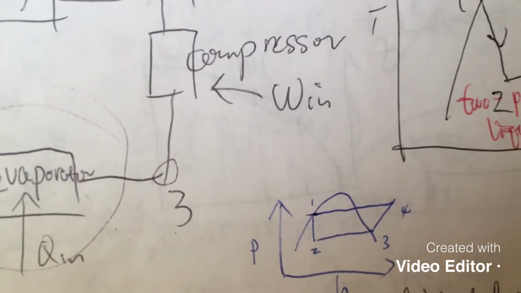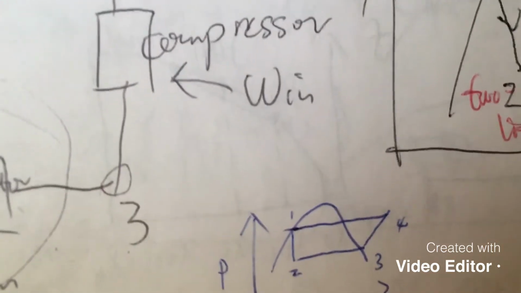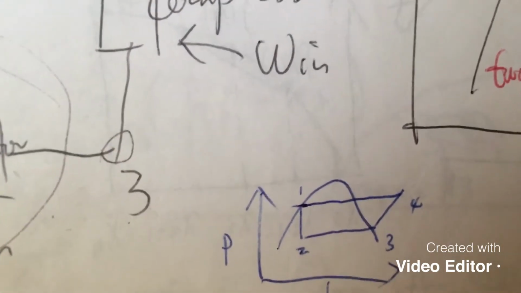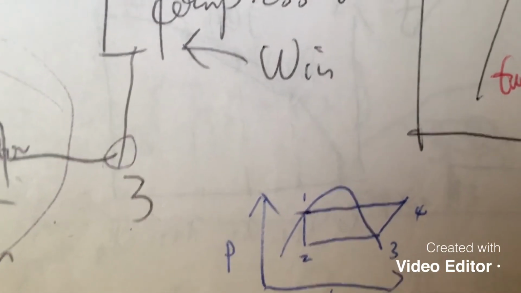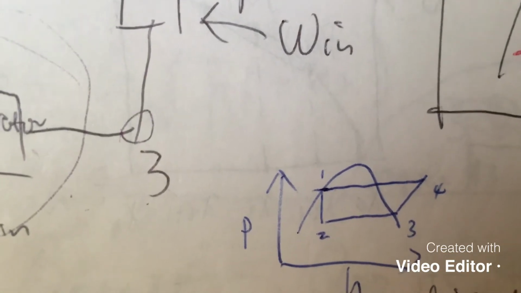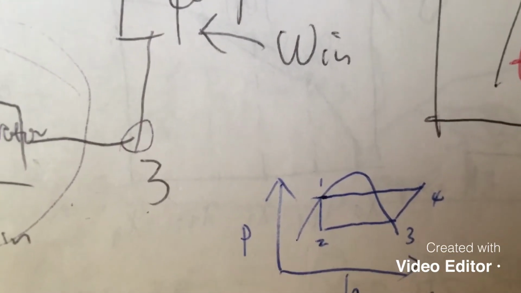Okay, 3 to 4, compressor, pressure increases, right? Again, on the condenser from 4 to 1, also phase change, pressure doesn't change. Okay, going through the expansion valve from 1 to 2, then obviously pressure decreases, expanded, right?